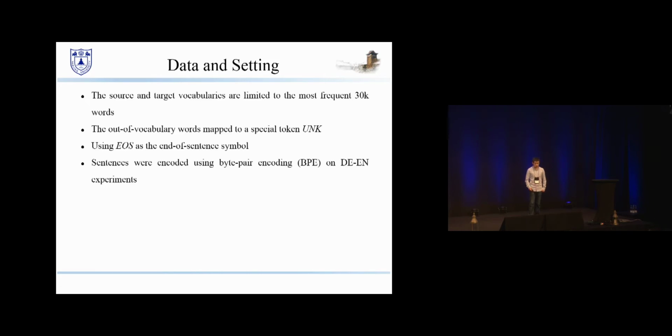For experiment settings, we follow the default settings of DL4MT. The source and target vocabularies are limited to the most frequent 30,000 words. The out-of-vocabulary words are mapped to a special token UNK, using EOS as the end of sentence symbol, and we use byte pair encoding for the German to English corpus.